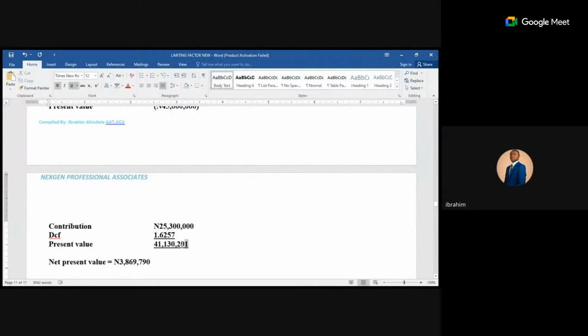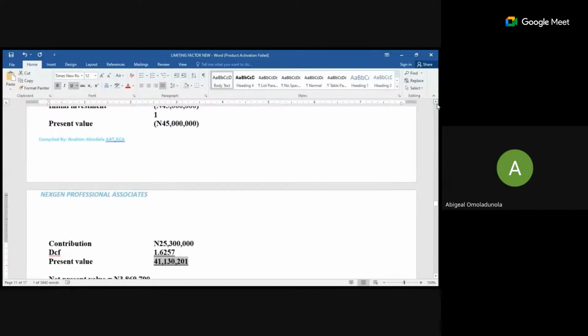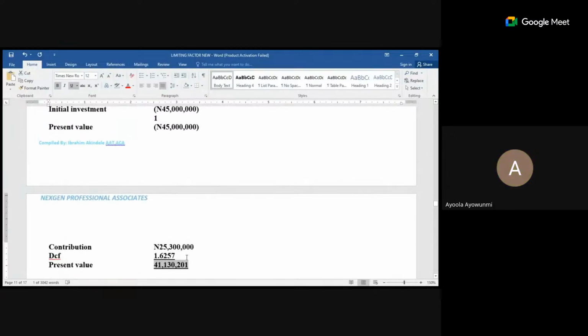You have a present value of 41,130,210, not 201. That's the only error, but every other thing is correct.